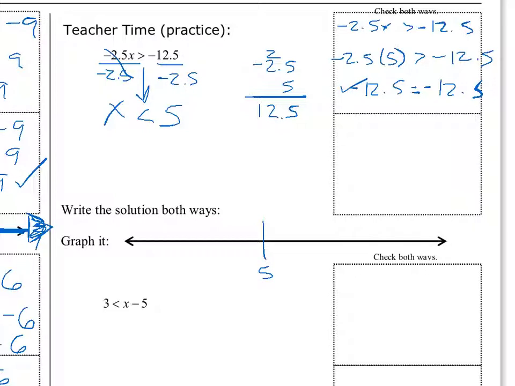Okay, so I already see Triana. She's thinking to herself, all right, Mr. Roots, this is an open inequality. If I want x is less than 5, I want the numbers that are less than 5. So on my number line, those are coming towards this direction. And so now I need a value to do my second check, something that I shaded over.